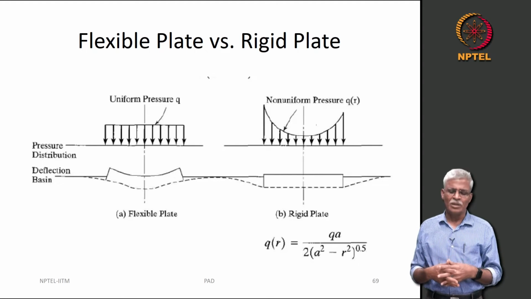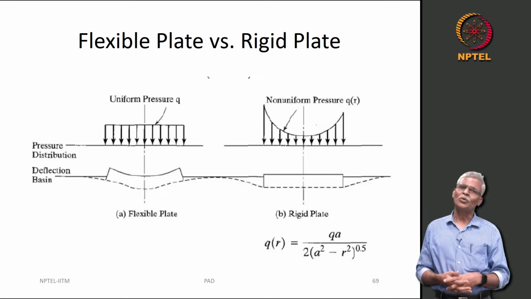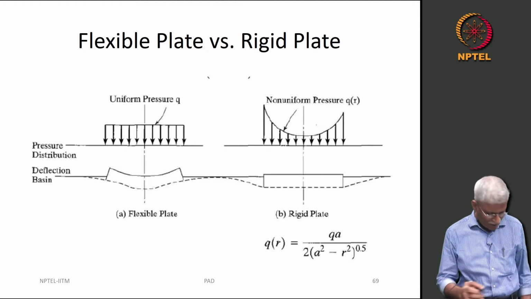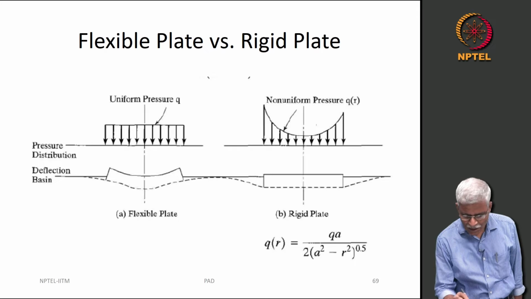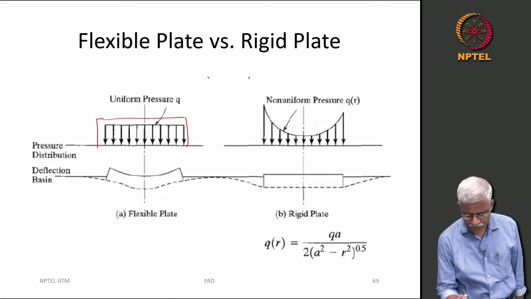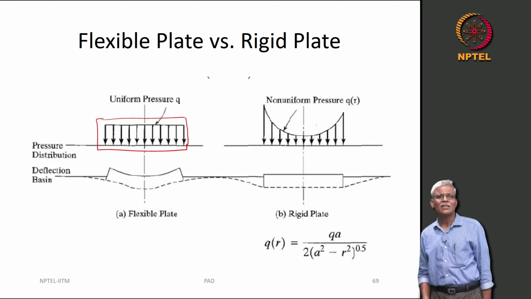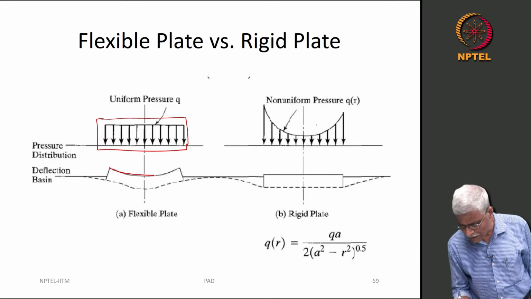If it is convenient, you can do that. Basically it means there is a uniform pressure applied, and the deflection basin is going to be like this.